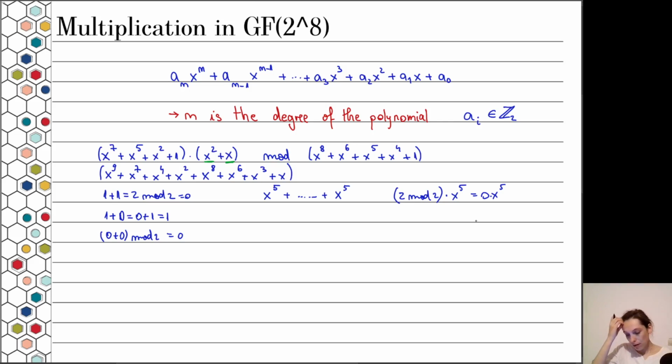So this is the way we will deal with the coefficients in Z2.